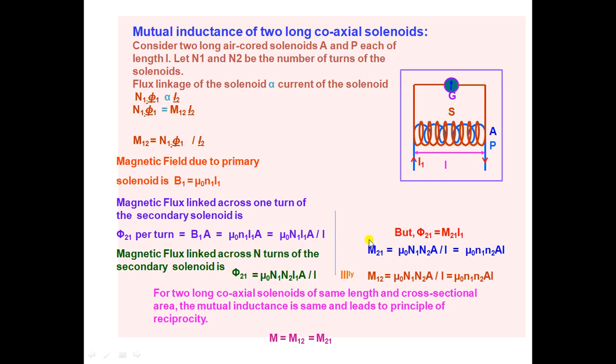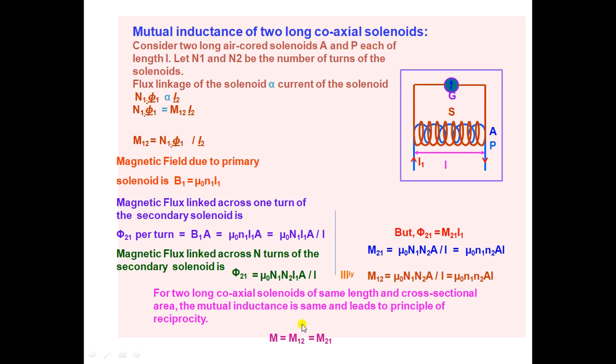So this is the expression for mutual inductance of two coaxial solenoids. Suppose M12 is equal to mu naught N1 N2 A by L, or that is equal to mu naught n1 n2 A l. Here the M12 and M21 values will be the same.